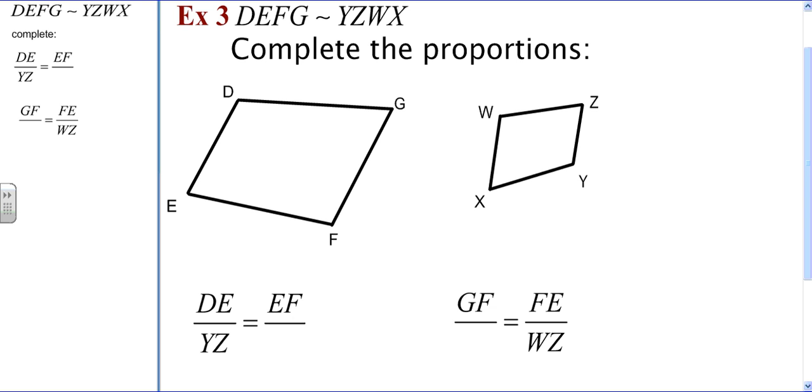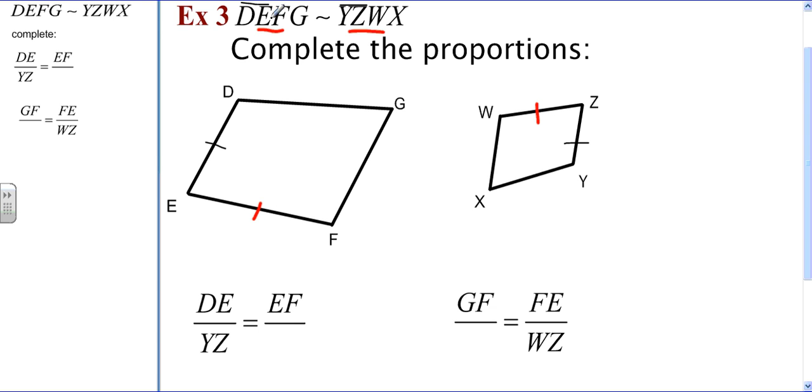Let me get my pens here. I'm going to get my colors. I know that segment DE is congruent to segment YZ. So let's mark that. DE is congruent to YZ. And using our colors can be really helpful. EF is congruent to ZW. So ZW is here.